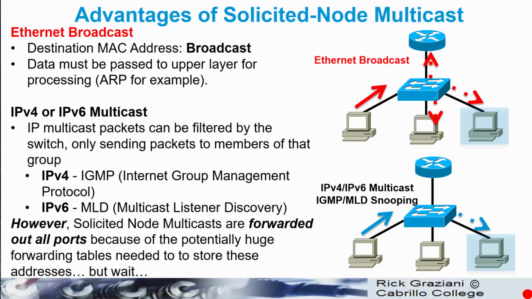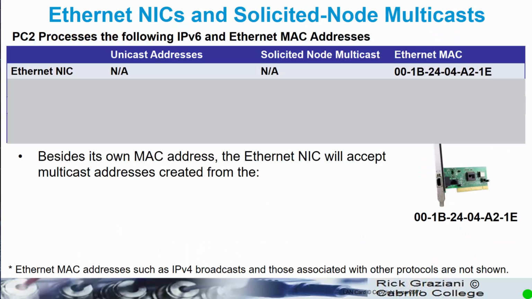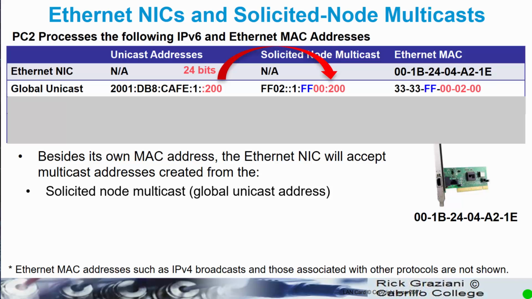However, solicited node multicasts are forwarded out all of the ports because of the potentially huge forwarding tables needed to store these addresses. But again, it's about better efficiency. Besides its own MAC address, the Ethernet NIC will accept multicast addresses created from the solicited node multicast address.